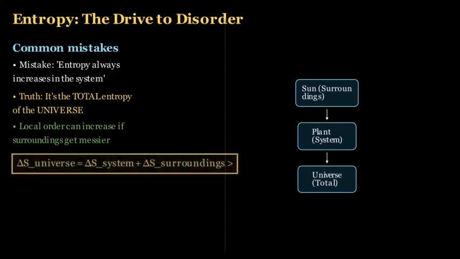But to do that, it takes in energy from the sun. The sun is pouring out vast amounts of energy, becoming more disordered in the process. The plant's local increase in order is more than paid for by a much larger increase in disorder in its surroundings. So the whole idea is, the universe's total entropy always marches upward, even if small pockets can become more ordered along the way.